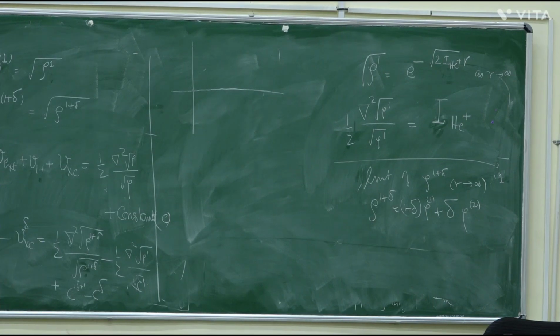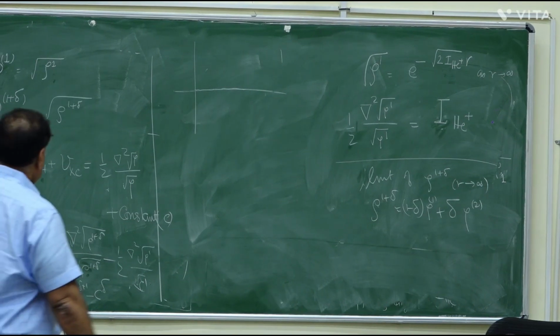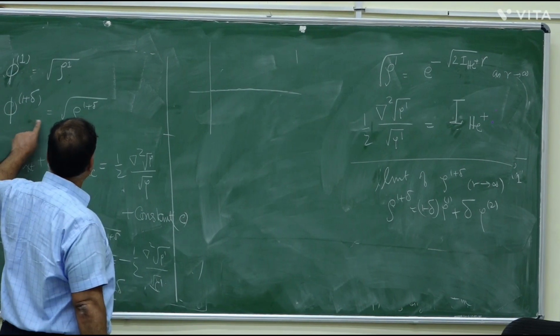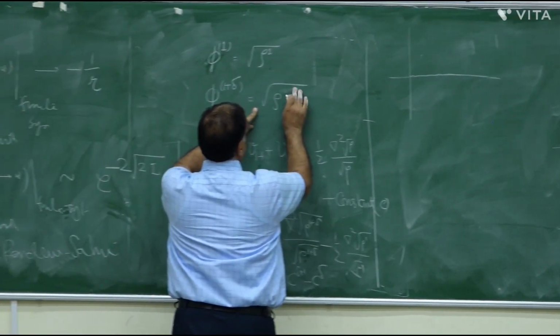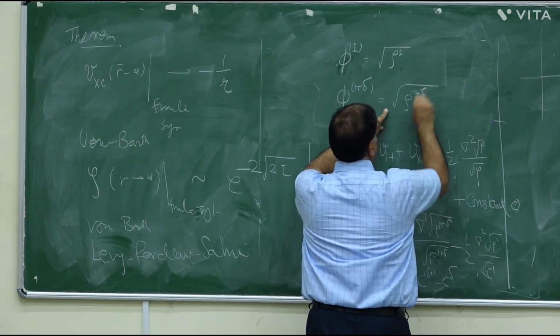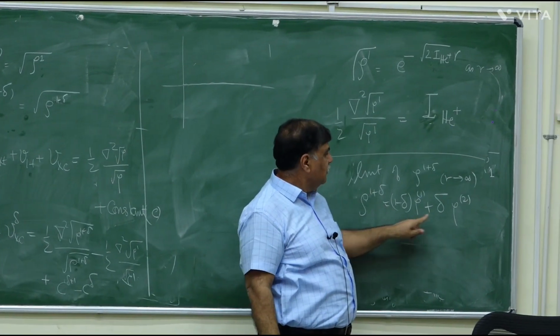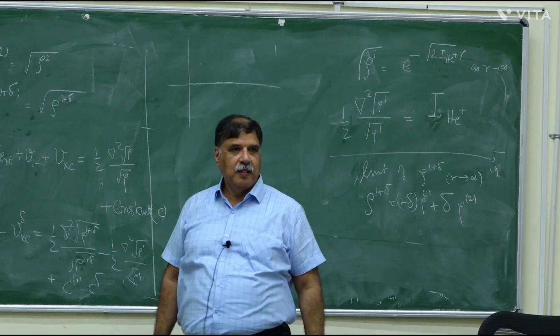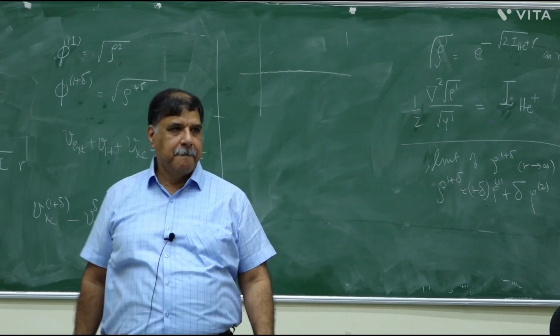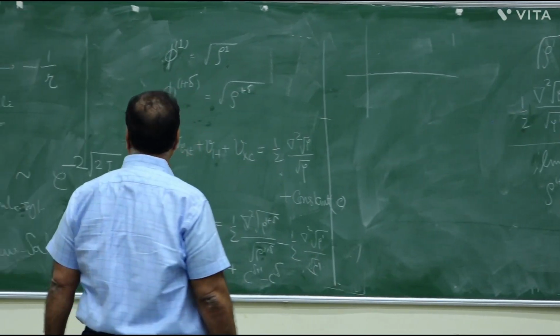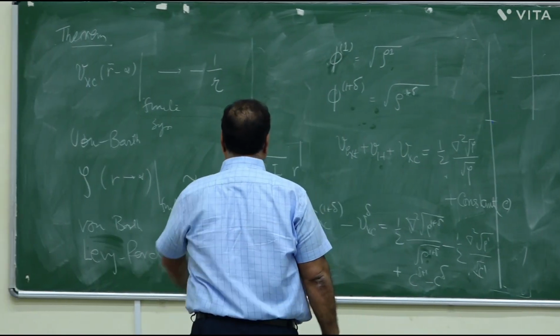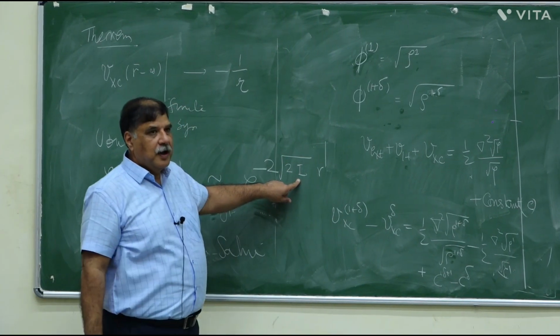Right? That's how we define it. Now, in the limit of R tending to infinity, which term will survive? We have already said that in the limit of large R, this is how it goes.